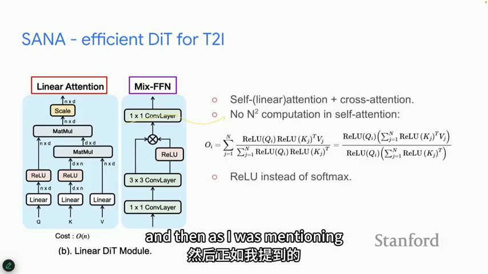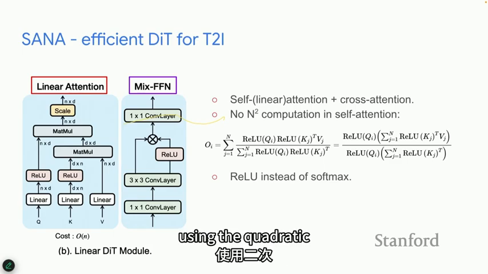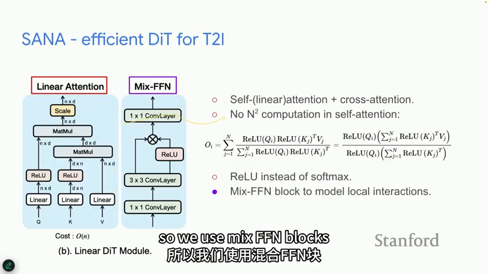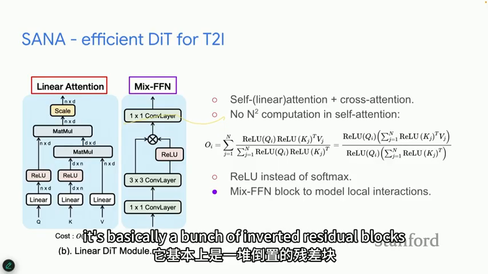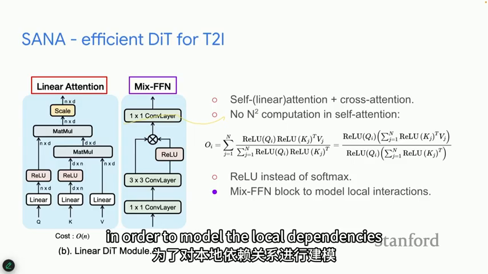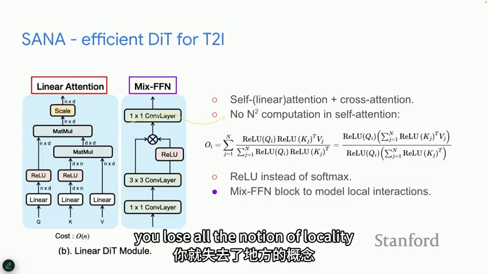And then, as I was mentioning, there has to be some form of compensation, as we are not using the quadratic attention mechanism, right? So we use Mix-FFN blocks. It's basically a bunch of inverted residual blocks and pointwise convolutions in order to model the local dependencies. Because it turns out that when you take the softmax out of the picture, you lose the notion of locality.